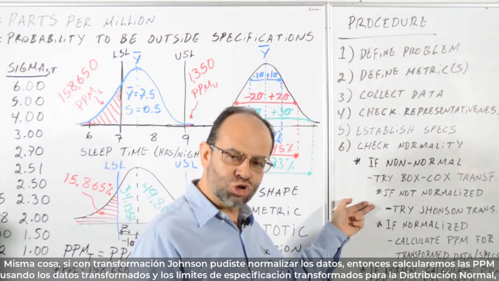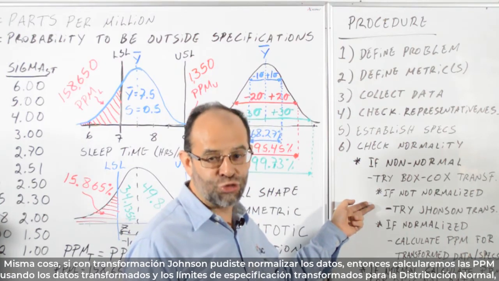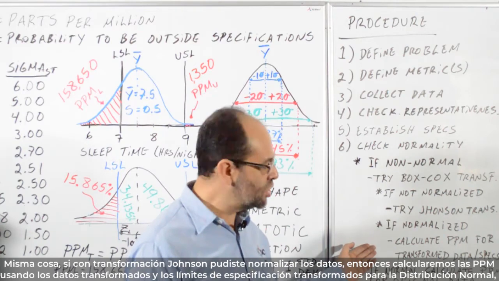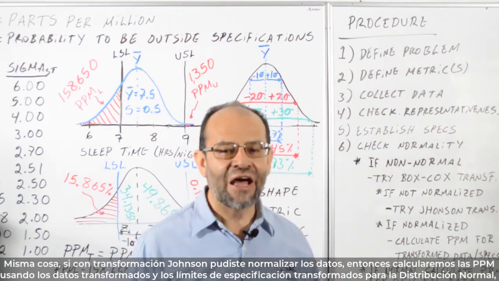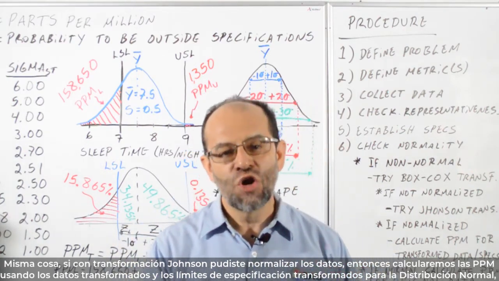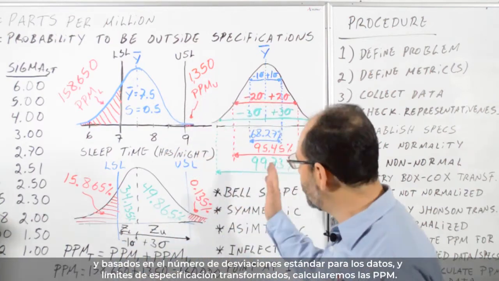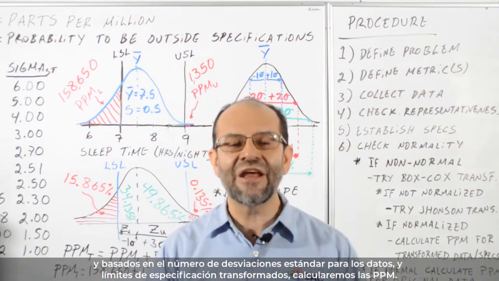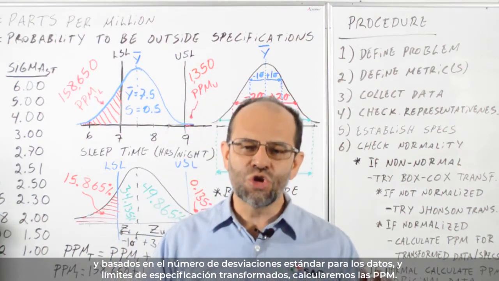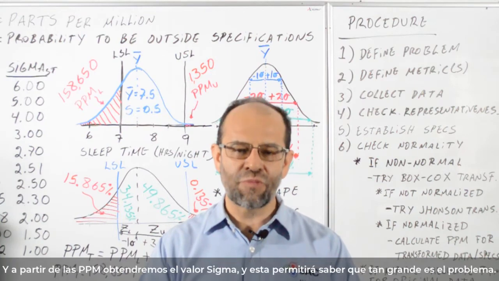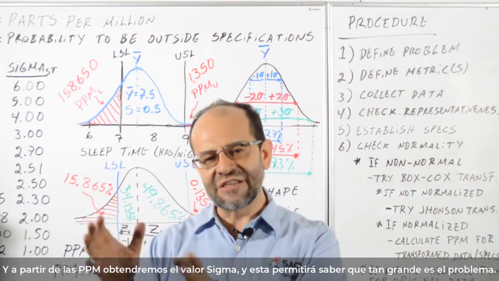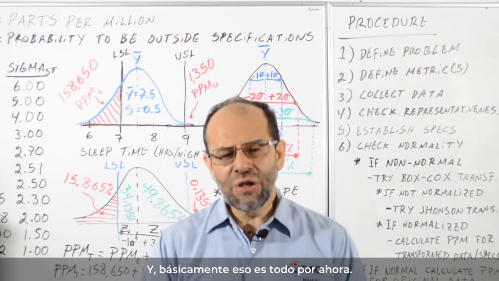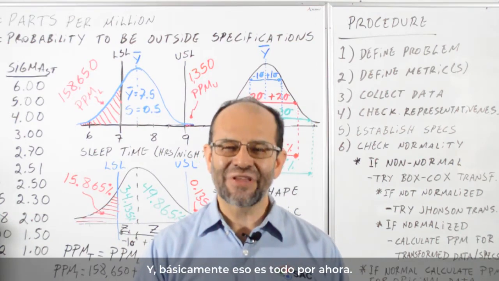Same thing, if with Johnson transformation you are able to normalize the data, then calculate the PPMs using the transformed data and the transformed specification limits for the normal distribution, and based on the number of standard deviations for the transformed data and the transformed specification limits, you will calculate the PPMs. And from the PPMs you will get the sigma, and the sigma will let you know how big your problem is. And basically that's it for now. Thank you very much.